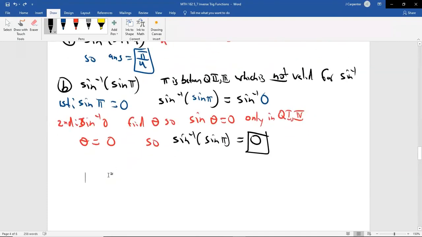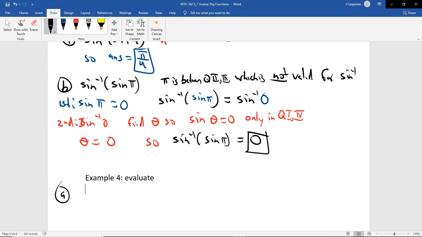All right, last set of examples for the section. Example 4, evaluate. A. Now let's start mixing them up. So for these 4 problems, I'm going to switch the order of inverse and regular function, but it doesn't have to be that way. I can still ask what's the inverse cosine of the sine of pi, or what's the inverse tangent of the sine of pi over 4.